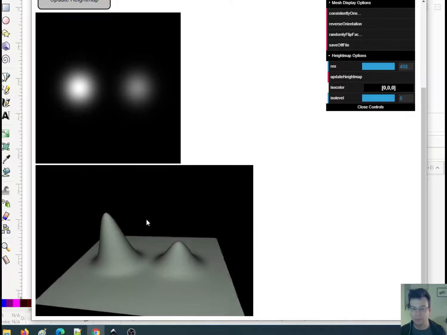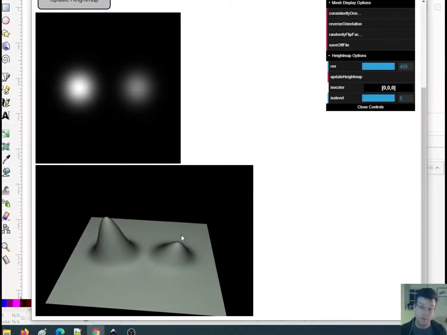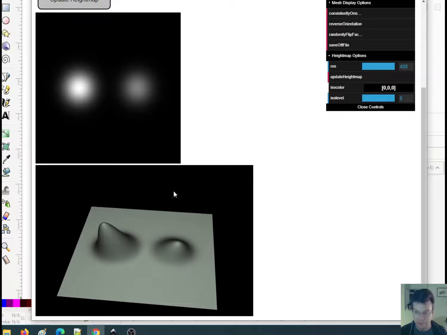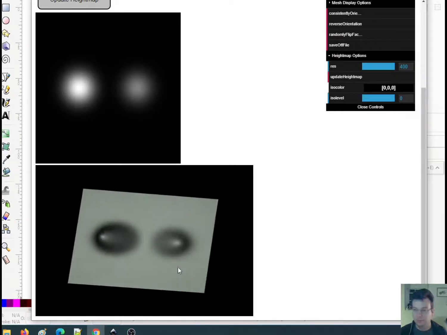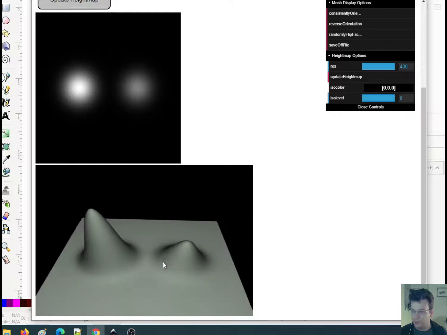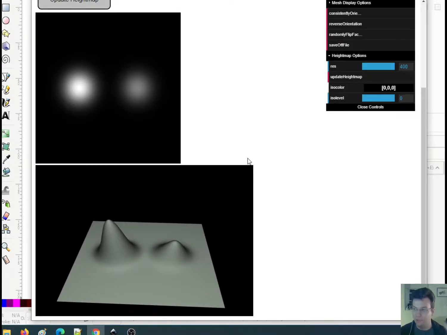And there you see that. So this is what people do to make terrains. They use Heightmaps in graphics because it's much easier to set up a Heightmap than it is to define a surface from scratch. And you can just draw them like this and then there they are. So that's a pretty neat way to design and represent surfaces.